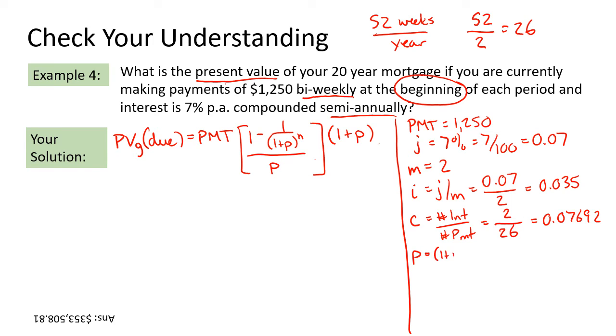It's 1 plus the periodic interest rate to the exponent C, minus 1. In this case, 1 plus 0.035 to the exponent 0.07692, and then minus 1. The minus 1 is not within the exponent. Keep that in mind. I've seen a lot of students make a mistake specifically when the exponent is a decimal.